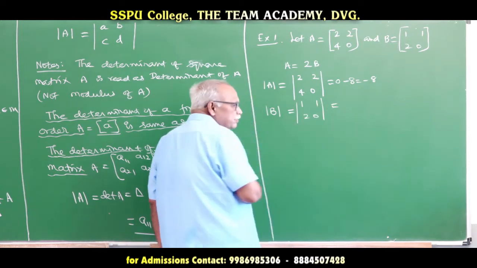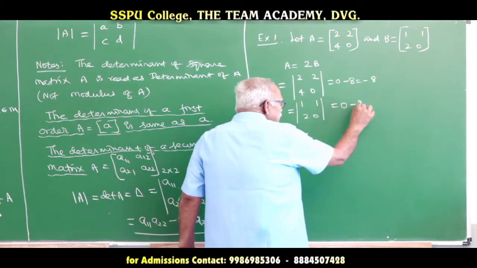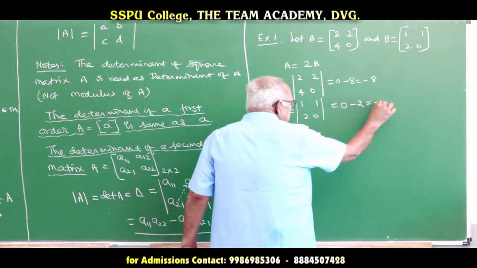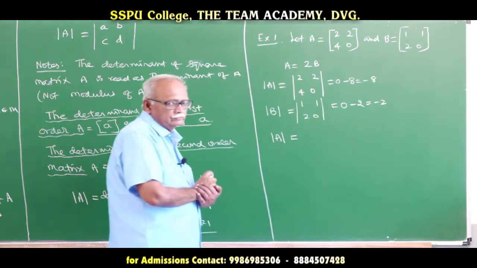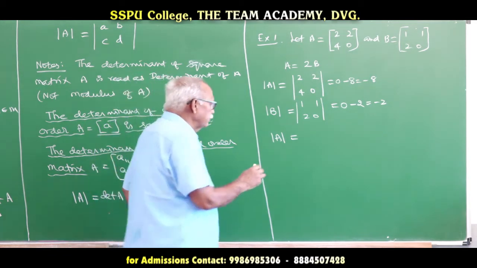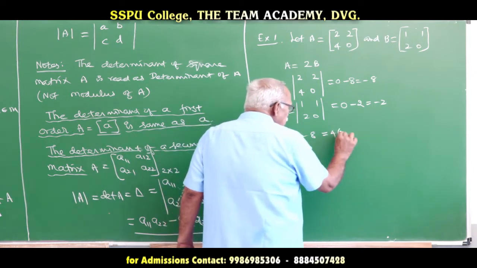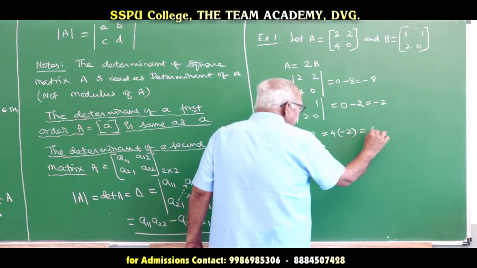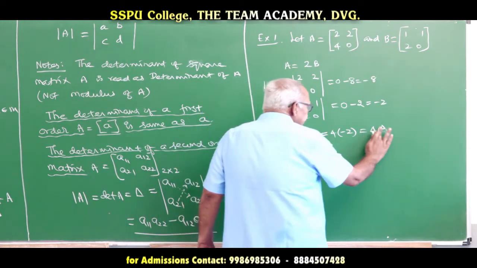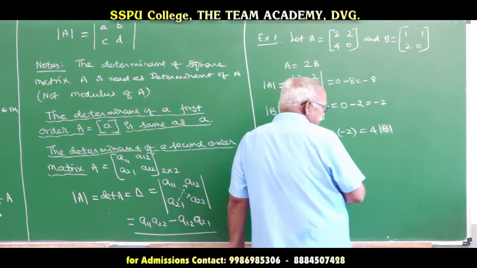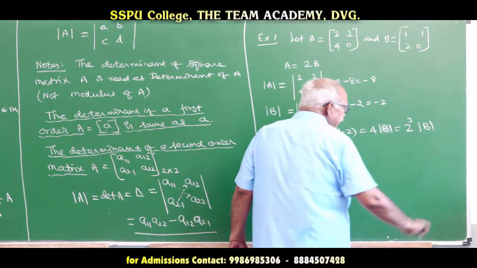Multiplying the principal diagonal elements, 1 into 0 is 0, minus 2 into 1 is 2. So this is minus 2. So here det A is equal to minus 8, and minus 8 we can write as 4 into minus 2, that is 4 into det B. This also can be written as 2 square det B.